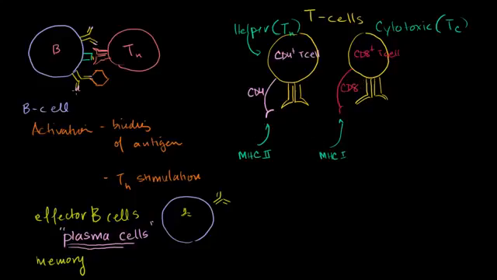But just to remember what they do, this guy, we just said, wants to bind to the MHC complex. So you have an MHC complex presenting some antigen. This is MHC1 right here. We learned in the last video, every nucleated cell in the body expresses an MHC1 complex. So this is the case where something wacky is happening inside this cell.